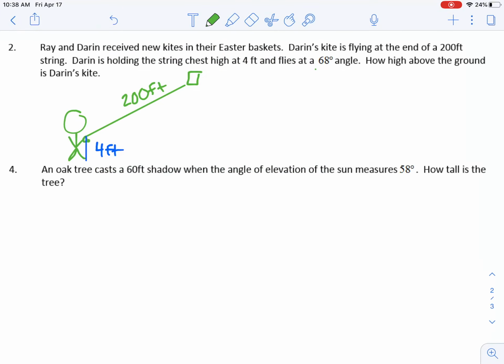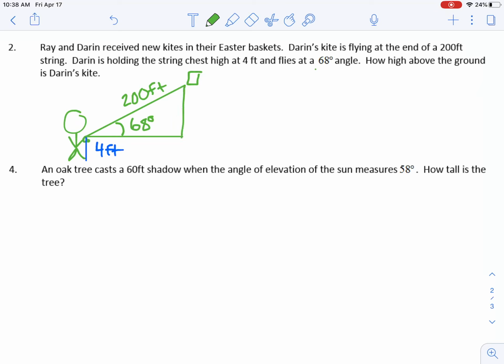And then our angle, that's talking about the angle from where his hand is, so the level where his hand is up to the kite, that angle is 68 degrees.